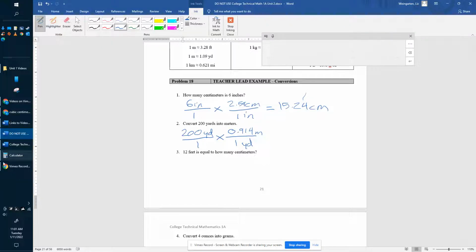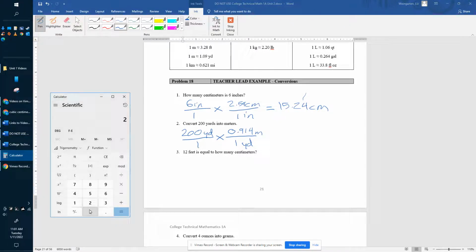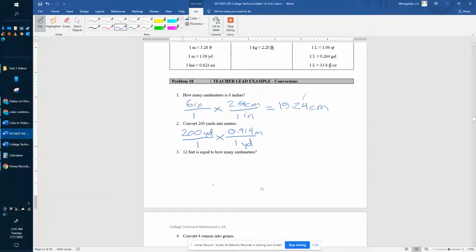Put that into our calculator. We get 182.8 meters.